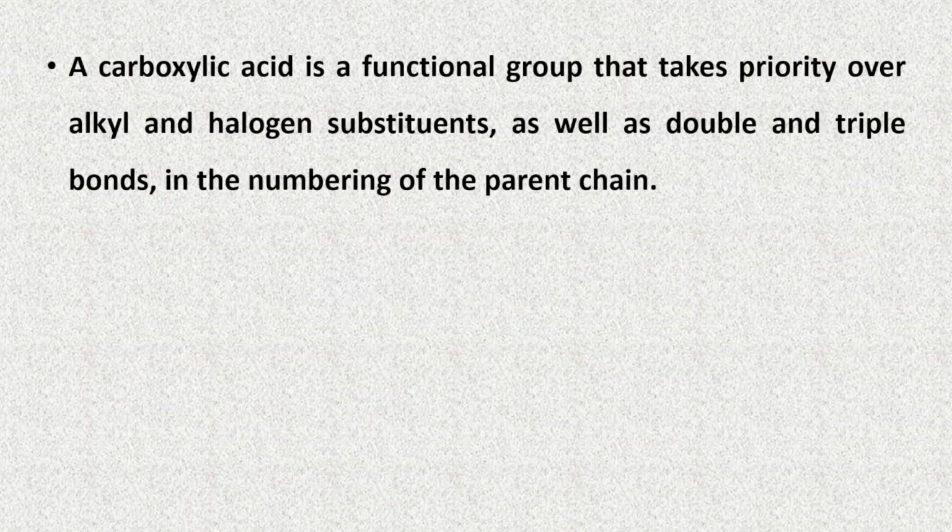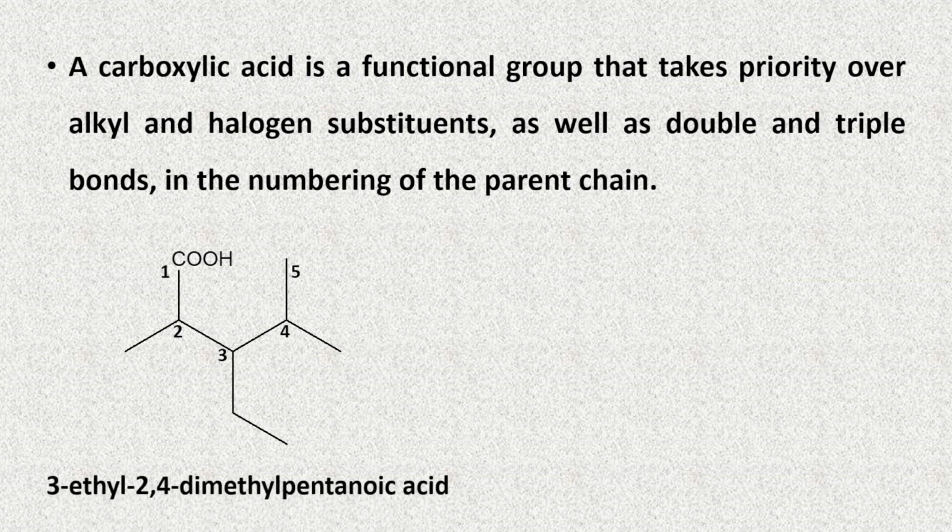As mentioned earlier, a carboxylic acid group takes priority over alkyl, halogen, double bond and triple bond while numbering the parent chain. Consider this example. The longest possible carbon chain has 5 carbons. As the numbering has to be carried out from the carboxylic acid group, the methyl substituents will get locants 2 and 4, while the ethyl substituent will get locant 3.